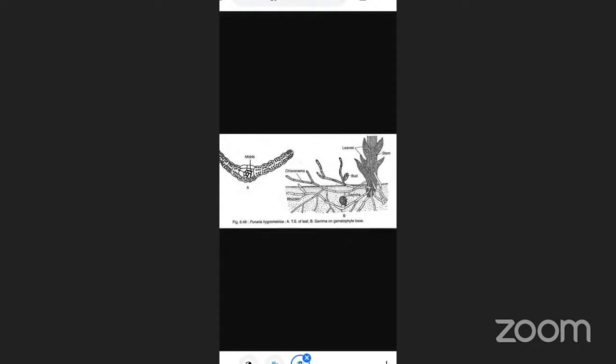The rhizoids are present at the base of the stem. In the lower part of the stem, rhizoids grow to attach to the substratum, meaning wet area or moist soil. They are branched, thread-like, and multicellular with oblique septa.